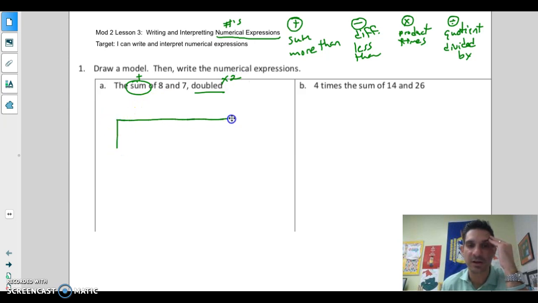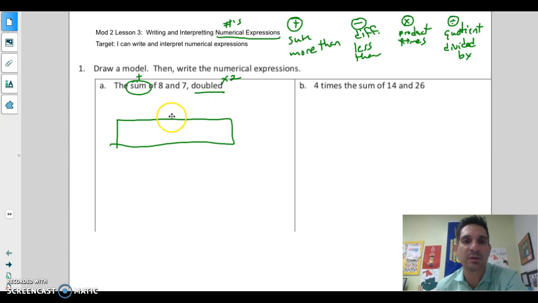So I'm going to draw a model. We like to call it a tape diagram. It says the sum of 8 and 7 doubled. So when it says double, that means I'm going to put two pieces here. This piece is going to be 8 plus 7, because it says the sum of 8 and 7, doubled.